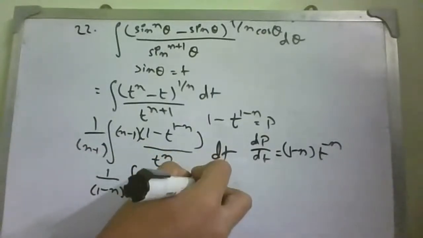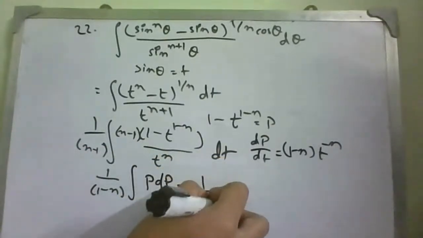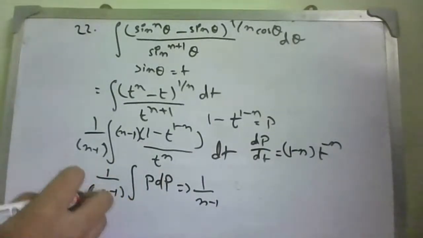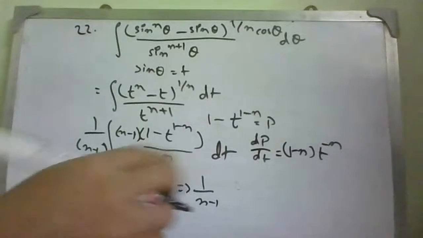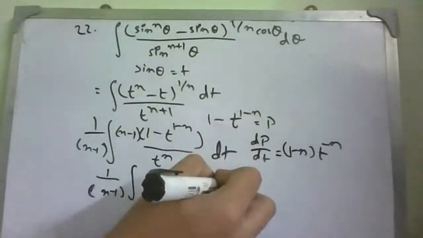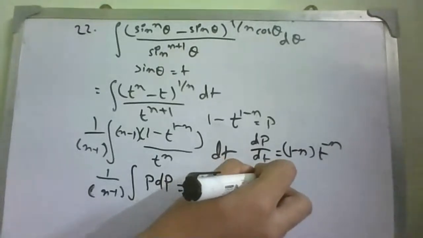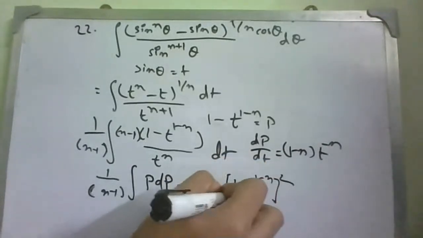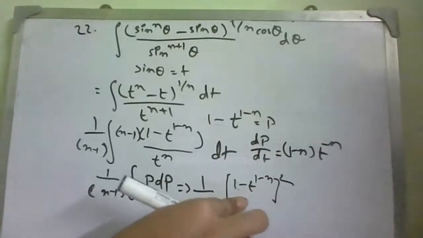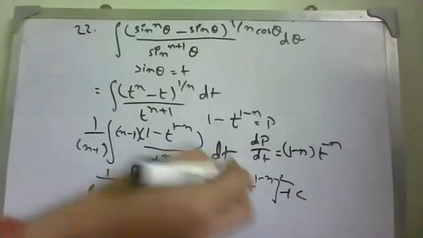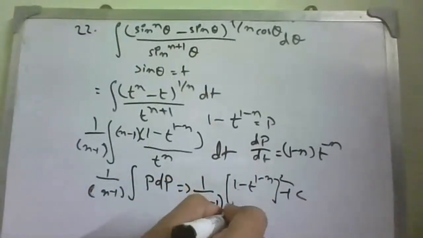So this is 1 by n minus 1. Okay, so p dp is p square. So what is p square? 1 minus n square by 2. Now what is t? t is sine theta.